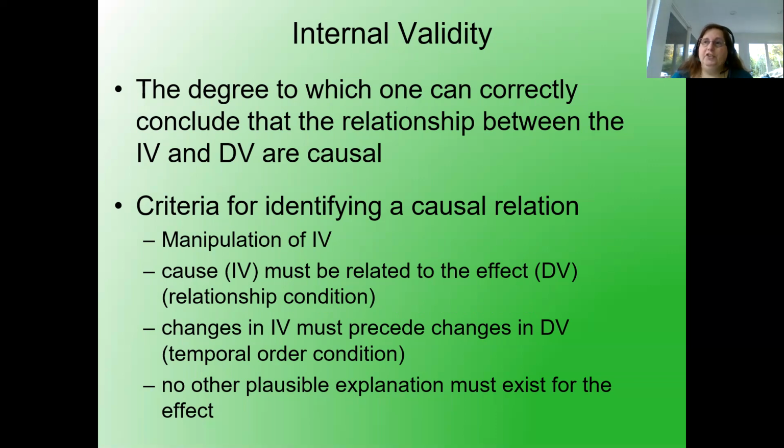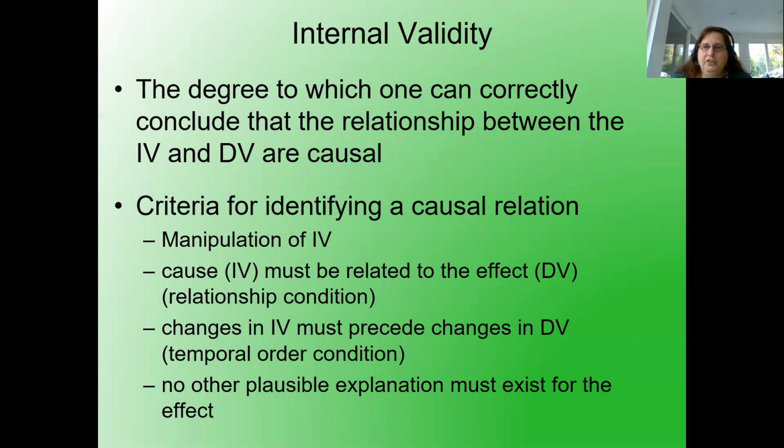I can't turn a 60-year-old into a 25-year-old. If I could, I'd be extremely wealthy. But I can't do that, right? And similarly, I can't turn an 18-year-old into a 55-year-old. Because I can't manipulate the IV, I could not establish a causal relationship in that situation. Okay, so first you have to be able to manipulate the IV.